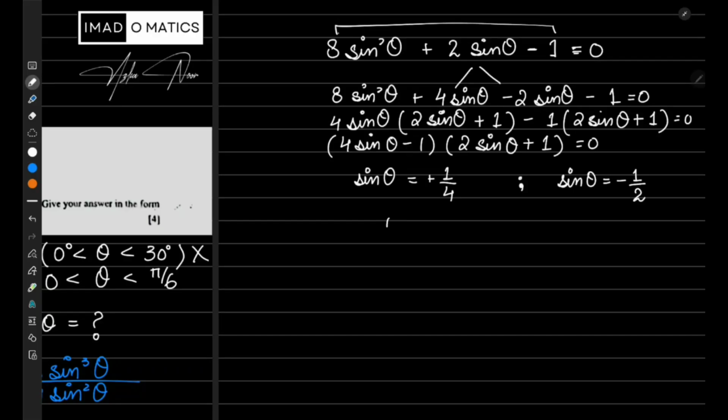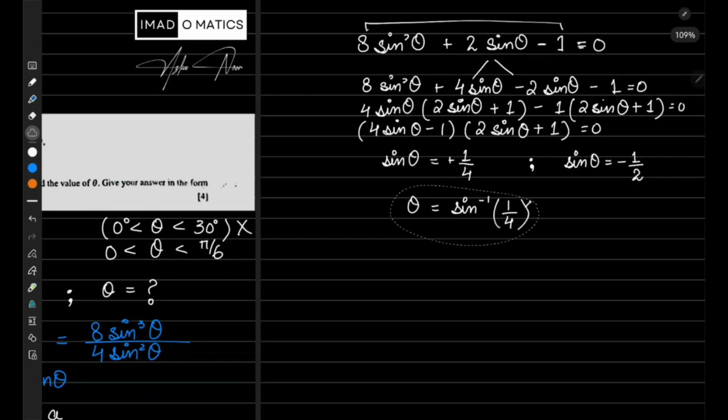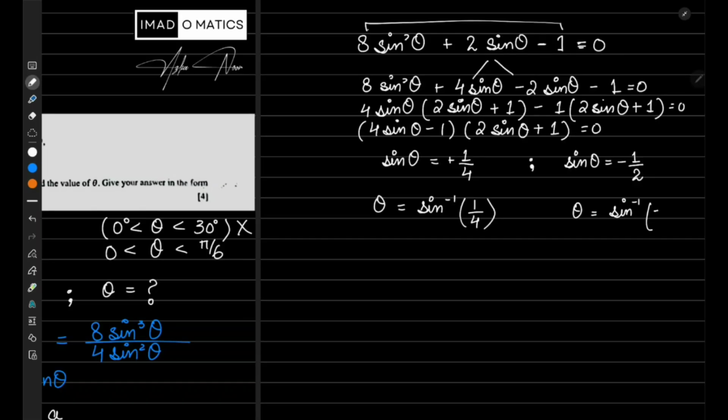Okay, so they said you are going to give theta in terms of sine inverse. So we have sine inverse of 1 over 4, and for the second, theta equals sine inverse of minus 1 over 2. So sine inverse of 1 over 2, you know, is pi over 6. So that gives you minus pi over 6.